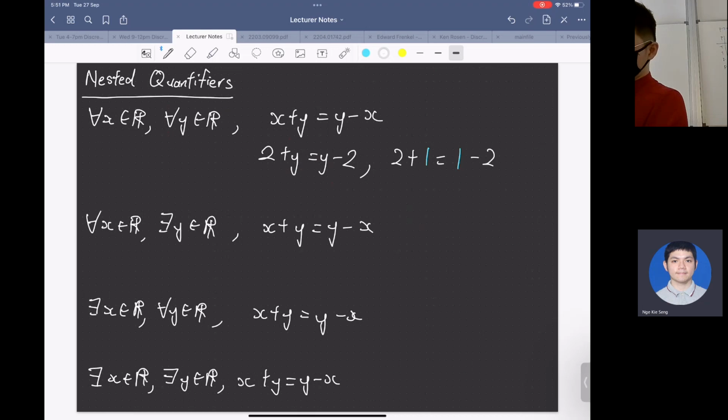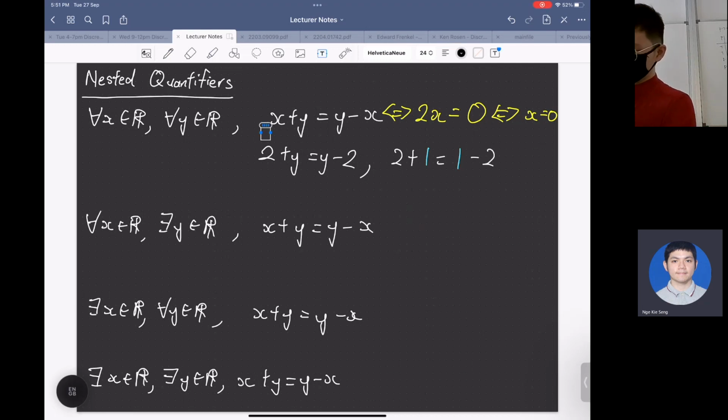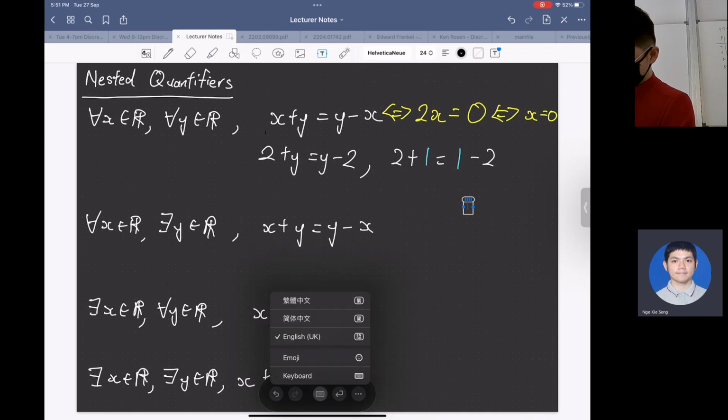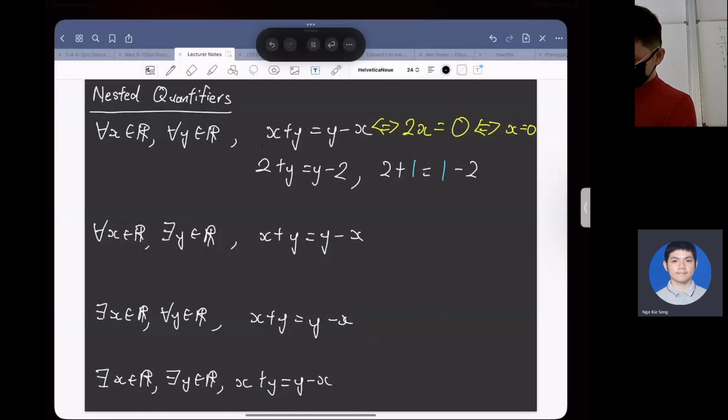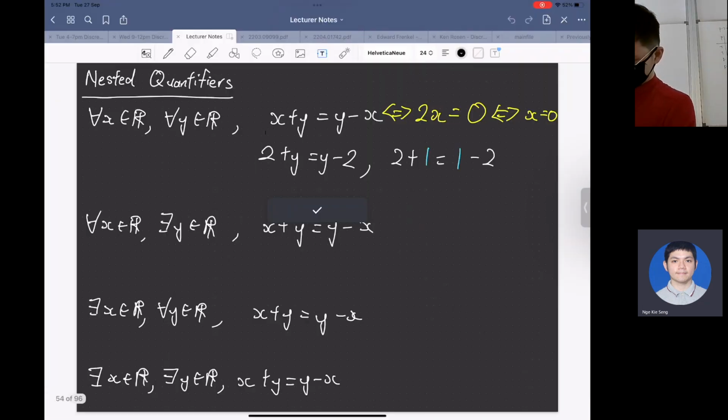So in fact, I got a general method to solve this question here. First of all, I can rearrange the equation. It's the algebra method. So 2x equals 0, which means x equals 0.